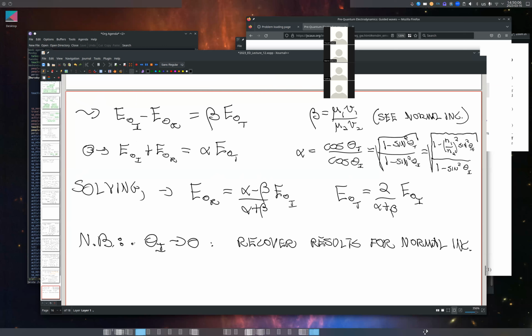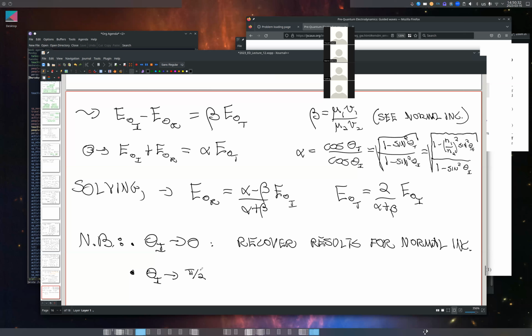So that's one. Then if I take the incident angle to go towards pi over 2, namely, what I'm doing is that I'm going more and more like this with my incident wave, and I've got an electric field that's like this. It's really grazing like this.